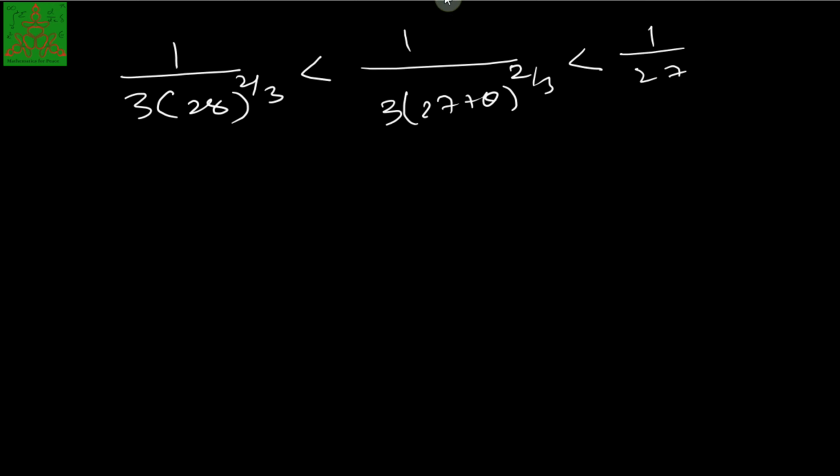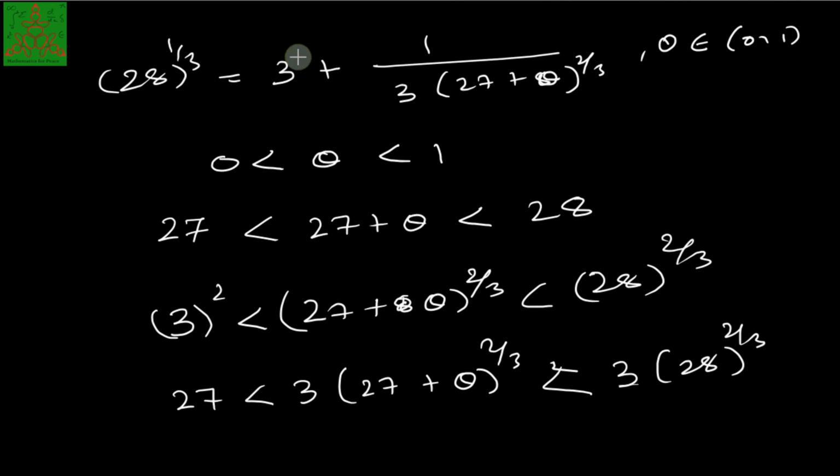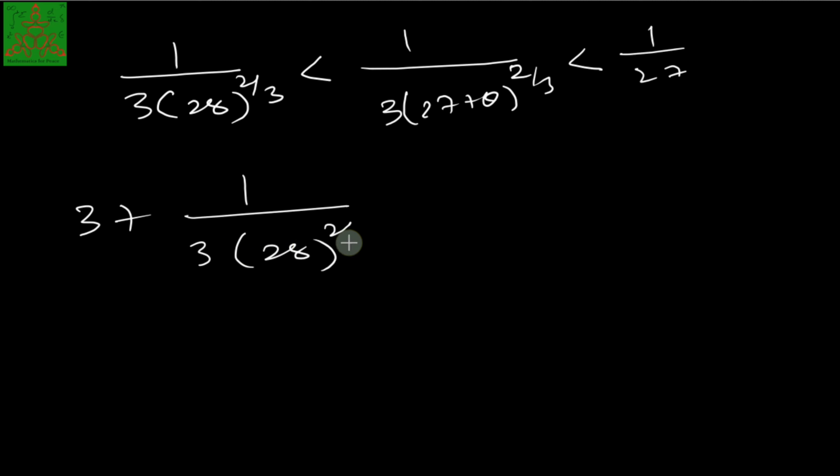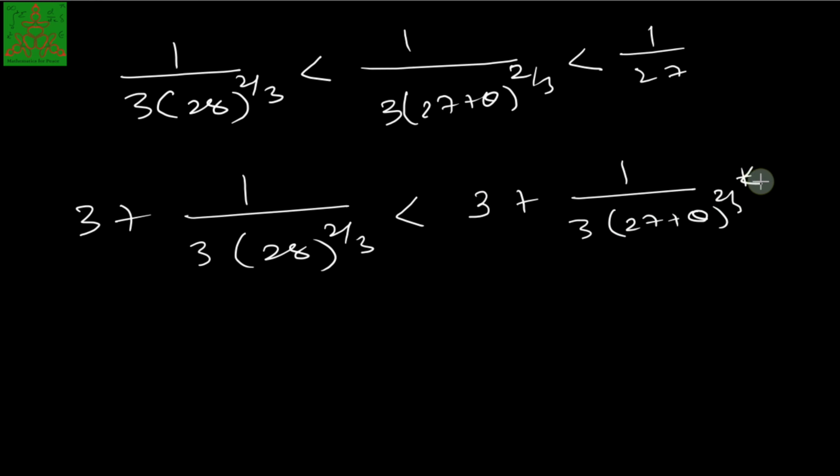And if you add 3 here, this will give 3 plus 1 upon 3 into 28 raised to 2 by 3 less than 3 plus 1 upon 3 into 27 plus theta raised to 2 by 3, less than 3 plus 1 upon 27.